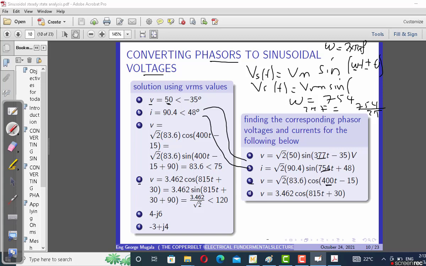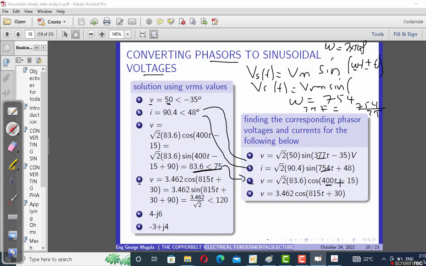Now, what about these voltages, right? Now this one is something else again, because if you want to get back to the cosine wave, you can see here that we have the cosine minus 50, then we convert it back to this. And if we have to convert this back to the sinusoidal, then we multiply by the root of 2, then say cos, and depending on the frequency that was used, we can say 400t.